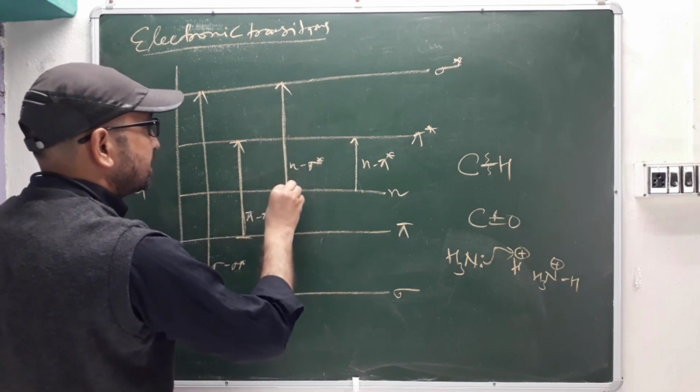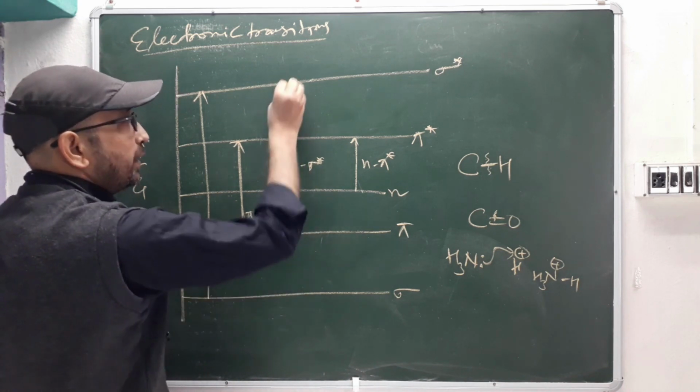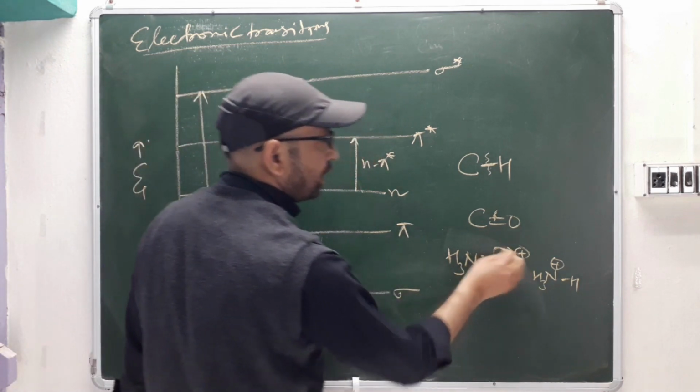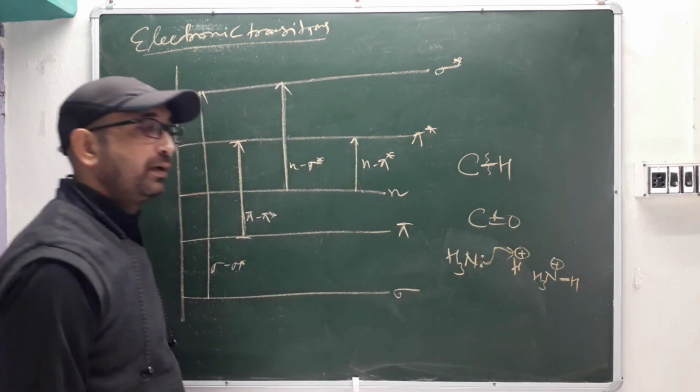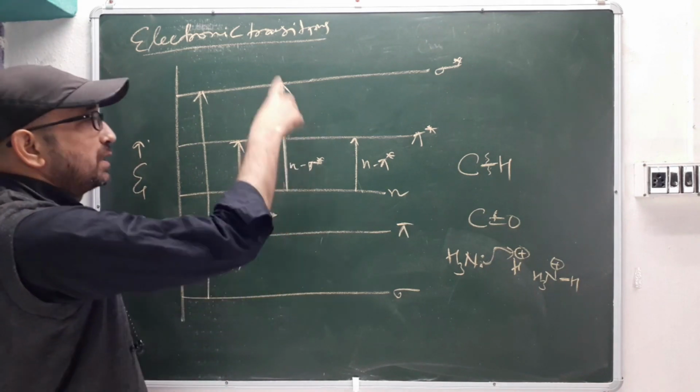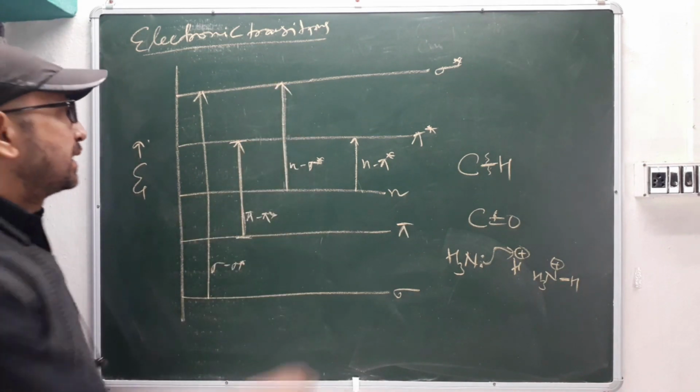This much energy is required to go from non-bonding to sigma star, if you are breaking and making this type of bond.